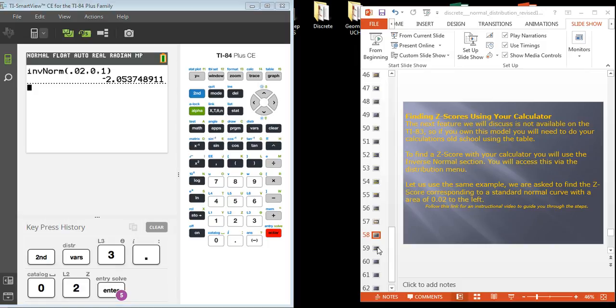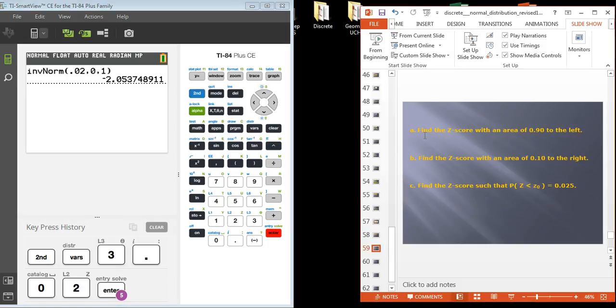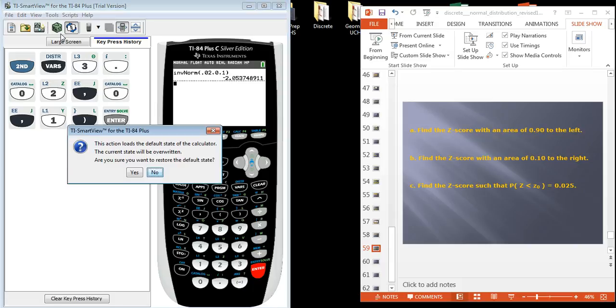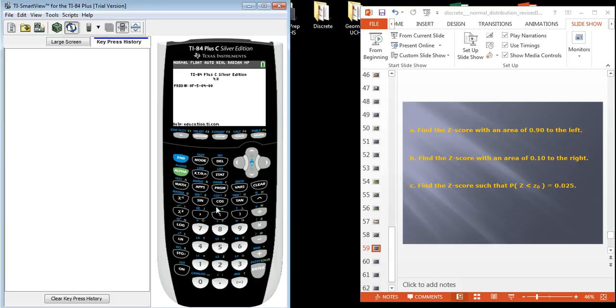Okay, so let's do a couple of examples here. I have some examples on the slideshow. Example A says to find the z-score with an area of 0.9 to the left, and I'm just going to use the old calculator here. So I'm going to go second, distribution, number 3.